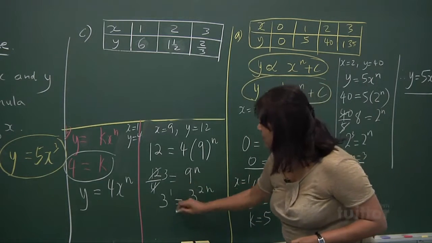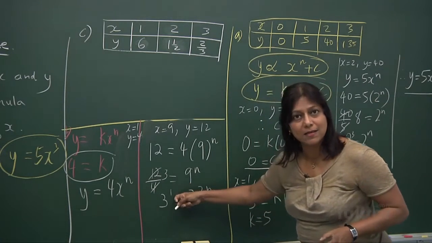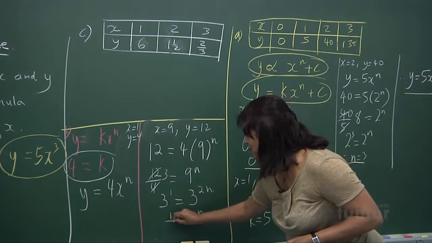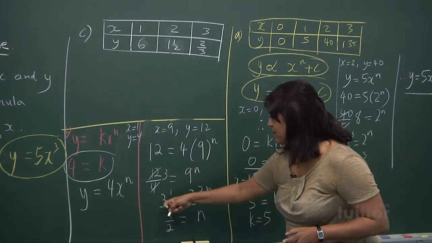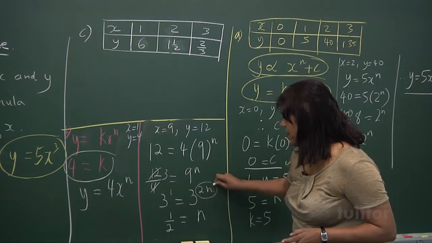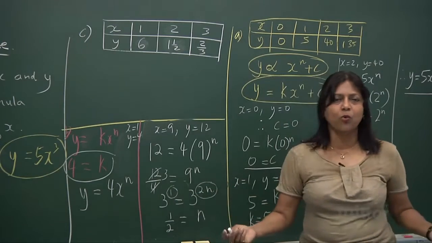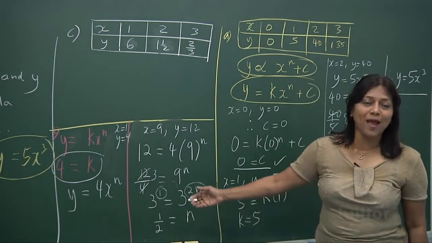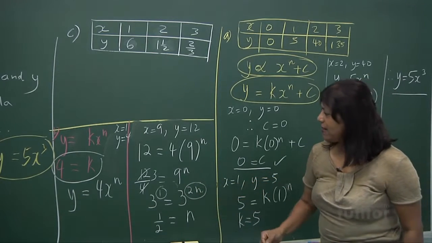And what is this equal to? 2n is equal to 1. So what is n going to be? Half. N is half, because if these two are equal, the powers are automatically equal. Otherwise, how can the sum be equal? So 2n is 1, your n is half.